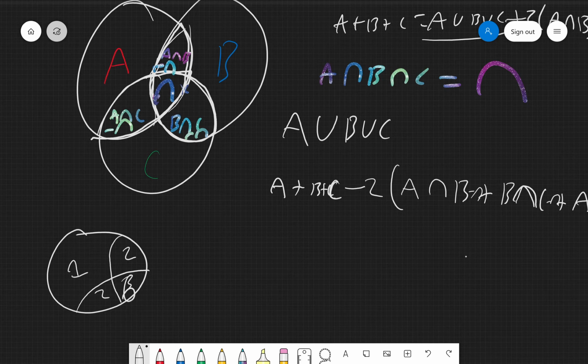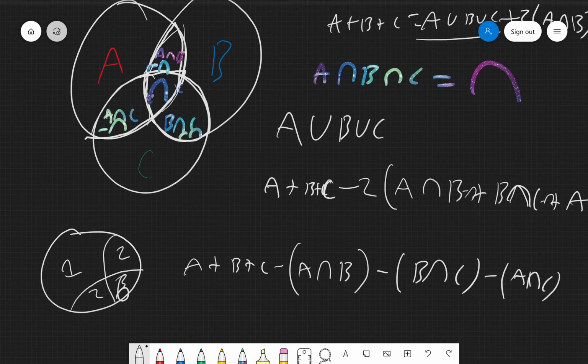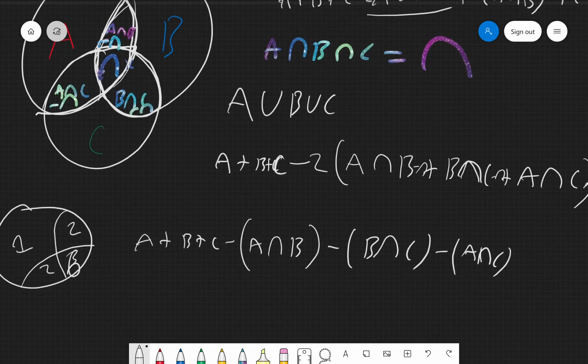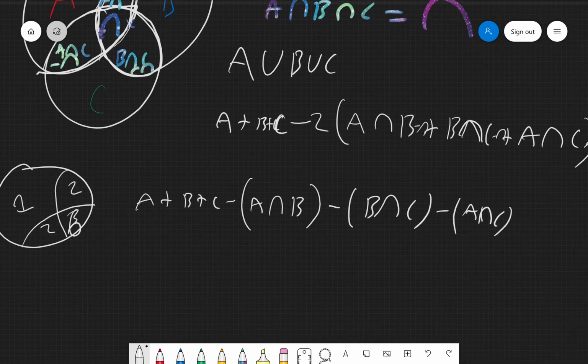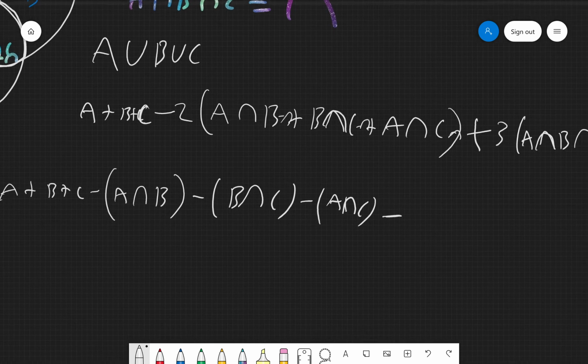So then that would just be A plus B plus C minus, yeah, I messed this up, okay. So minus this, just once, right? And then we also have to minus this, right? Minus this. There we go. And then we have 3 times this. And then we also have to do minus 5.